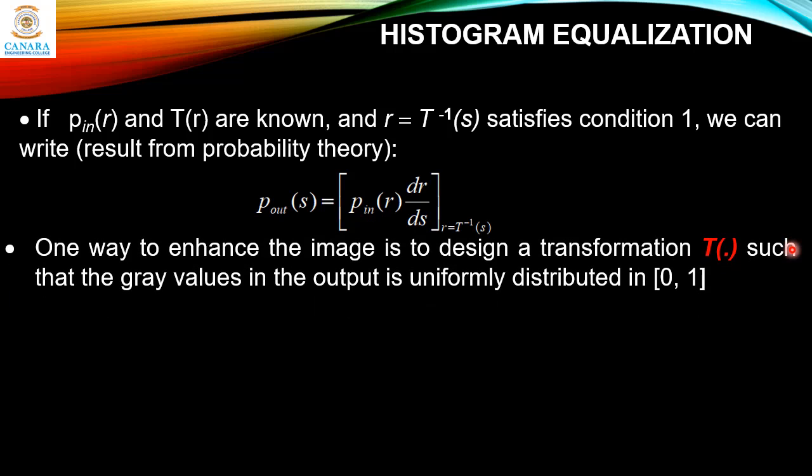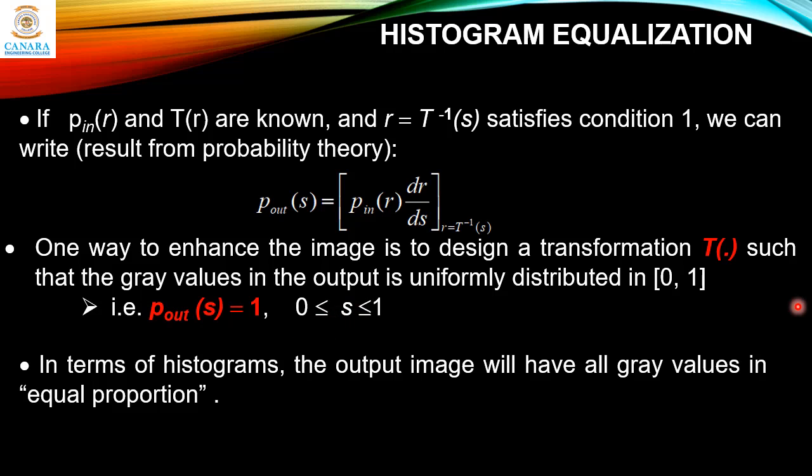One way to enhance the image is to design a transform T such that the gray values in the output are uniformly distributed in the range 0 to 1. It means P out of S is equal to 1 for the interval 0 to 1.